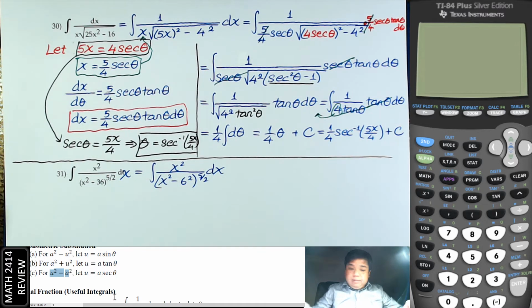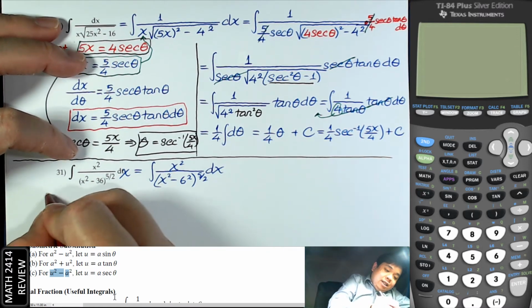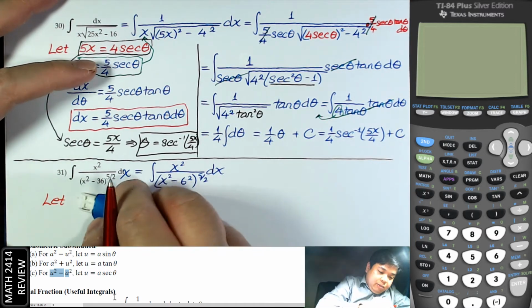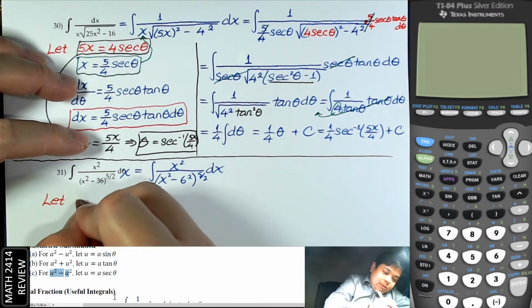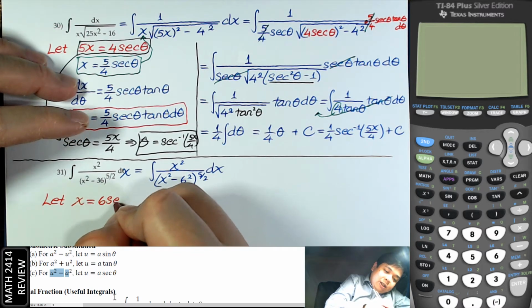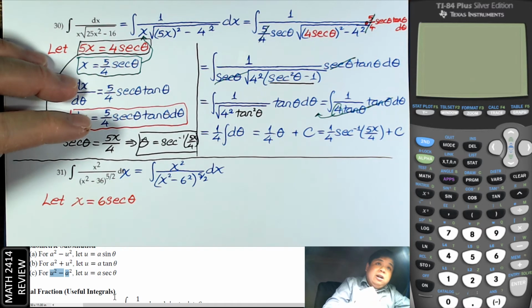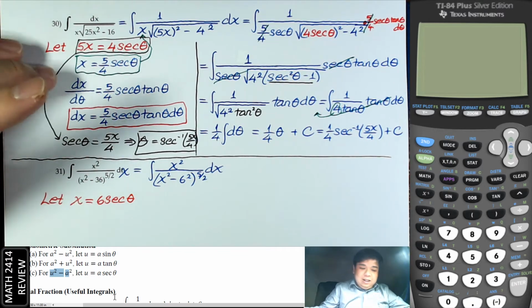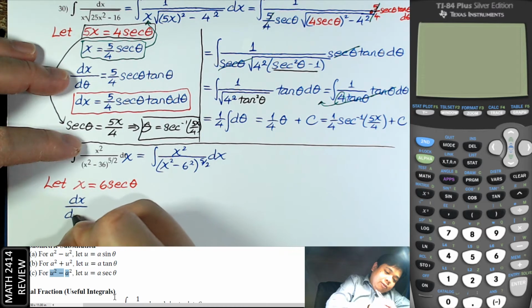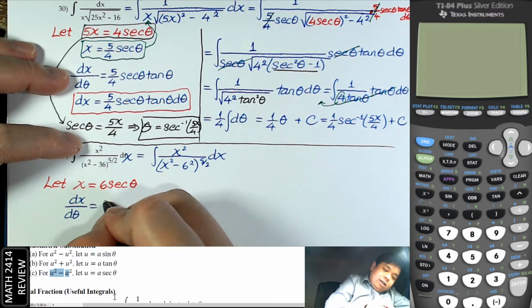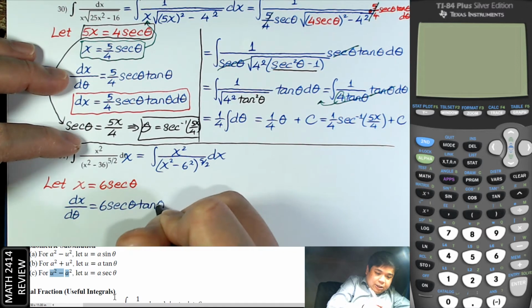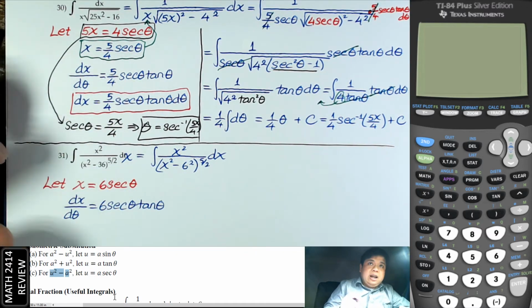Right, substitution. x will be 6 secant of theta. So we take derivative, which is 6 secant tangent, and move the d theta.